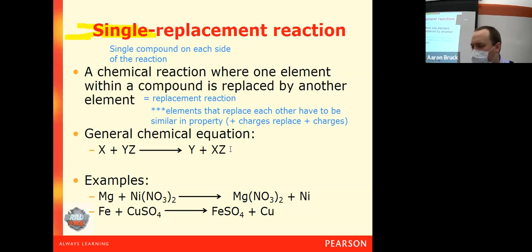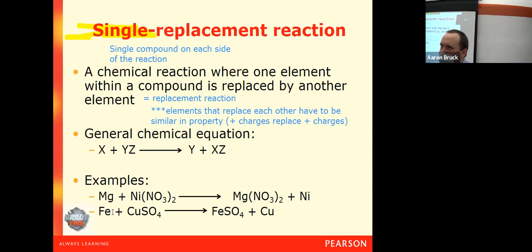So in these reactions, we are going to have something that is a metal, or excuse me, something that is an element outside of solution that is going to replace another metal that is inside solution. So magnesium replacing the nickel. As a result, the magnesium becomes dissolved in the water, and the nickel comes out of the water. Iron replaces the copper.